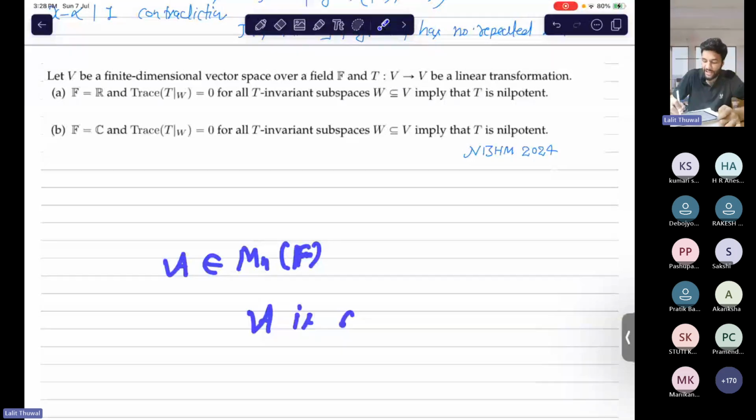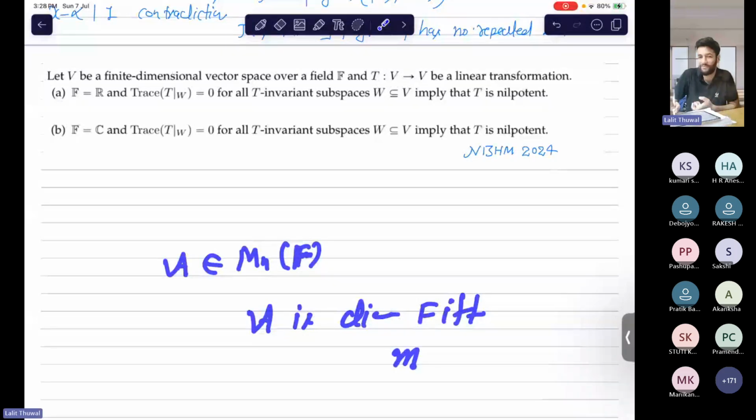Then A is diagonalizable over F if and only if its minimal polynomial splits into distinct linear factors. Its minimal polynomial is the product of distinct linear factors over F, right? Or you can say that its minimal polynomial has no repeated roots. That is the same thing. Yes, got it.